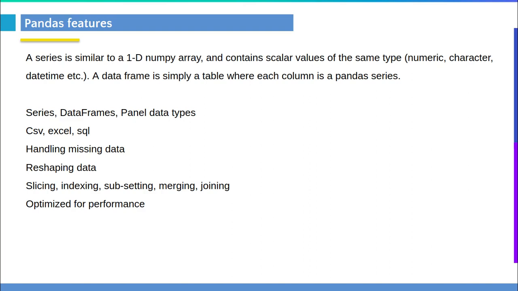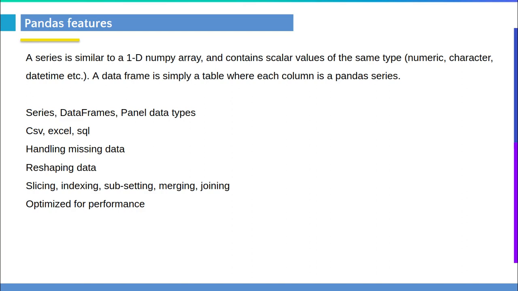A series is a one-dimensional NumPy array which contains scalar values of the same type, whether numeric, character or date time. So these are a couple of important objects or data structures inside Pandas.